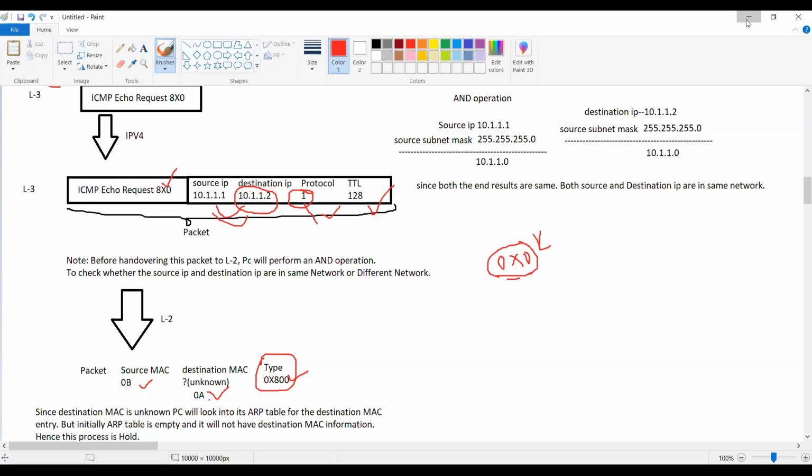Subnet mask. Okay. Before going to that, I want to explain something called broadcast domain and collision domain. But I think I need to explain what is a switch as well. Okay, no worries.